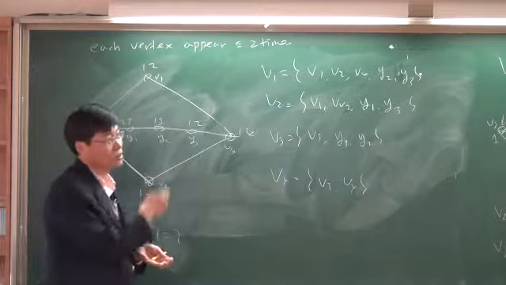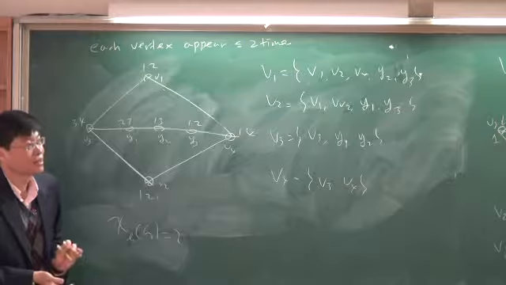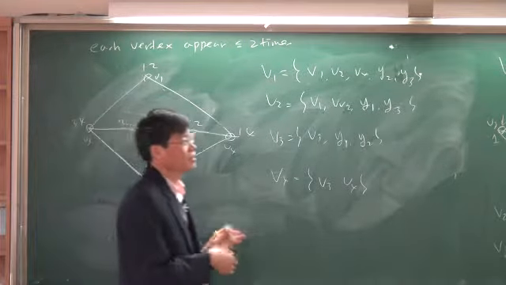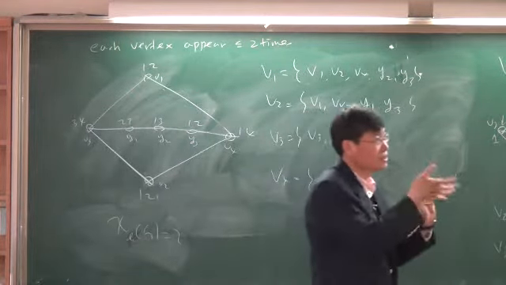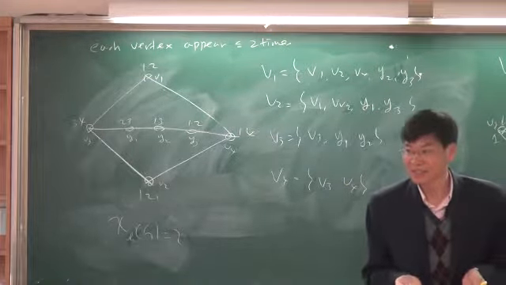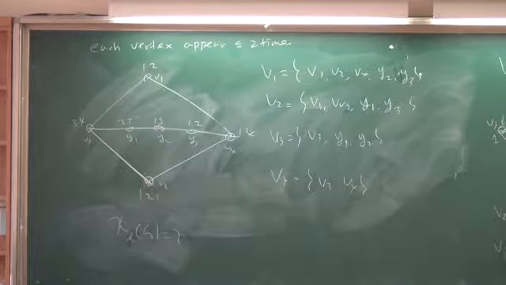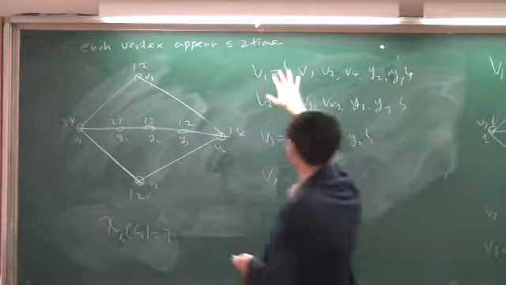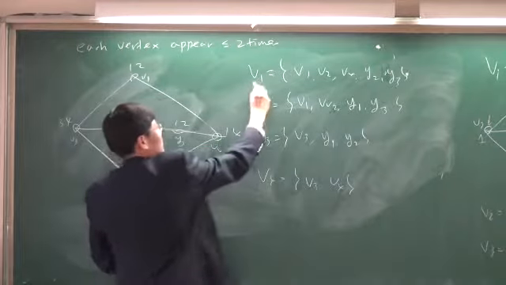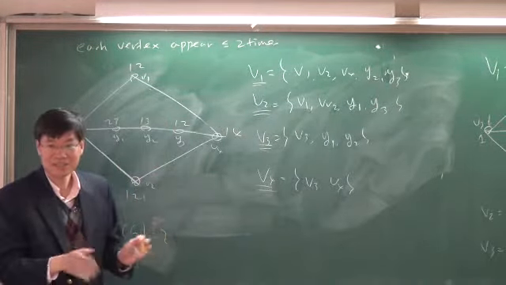So this way, online coloring is a generalization of the list coloring. Then what is the difference? The difference is in the list coloring, in the beginning, we set up V1, V2, V3, V4, and then fixed, no change.